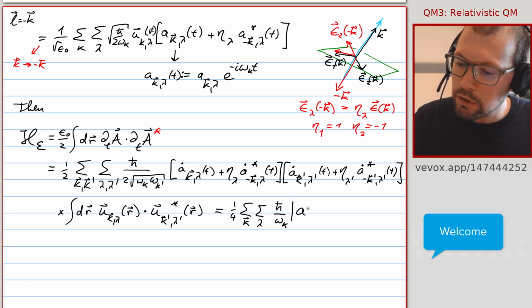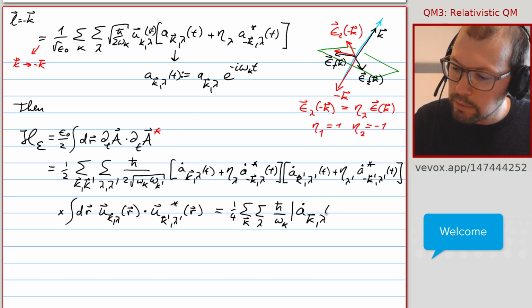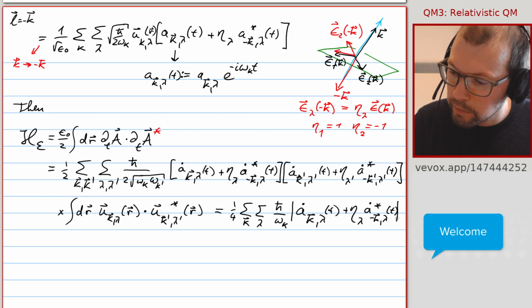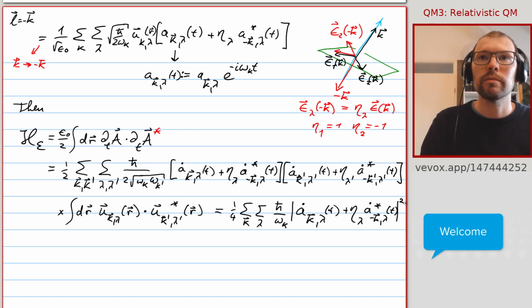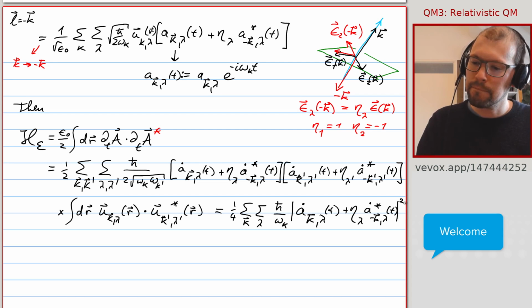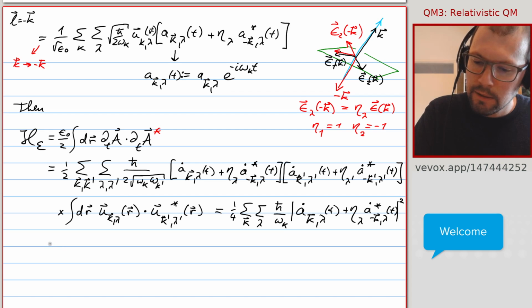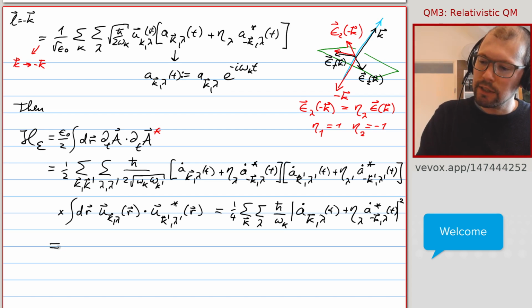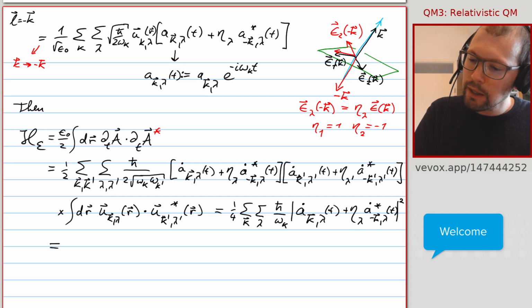So we get the absolute value of this time derivative squared. Okay, that's already a lot simpler.